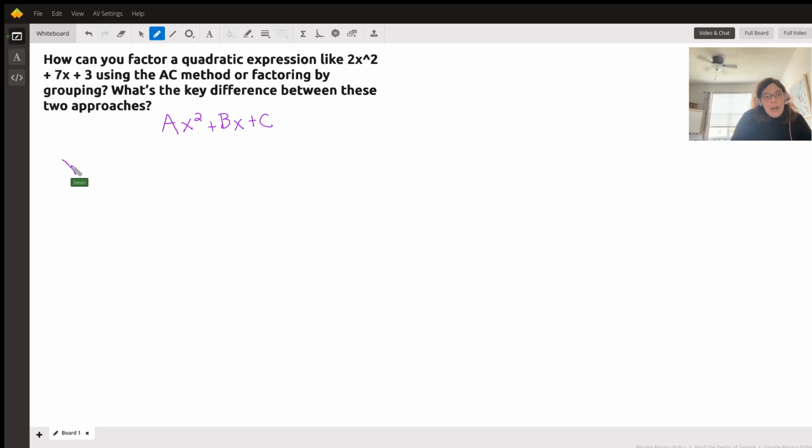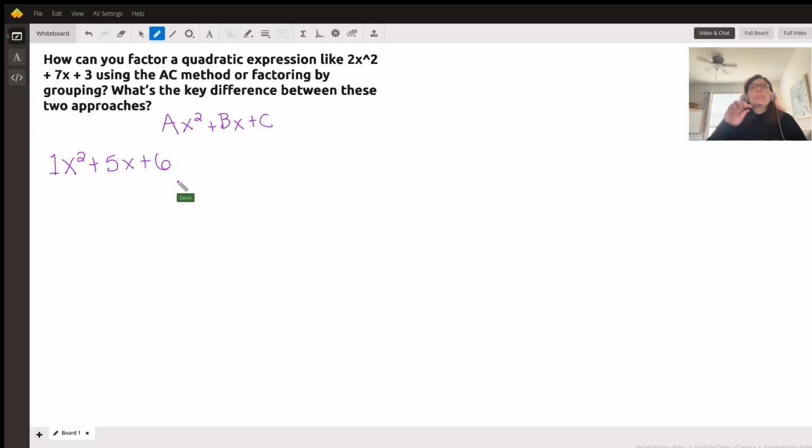If we have x squared plus 5x plus 6, the leading coefficient is 1, so we can use just the AC method. So to do that, we take 1 for A times 6 for C, which equals 6.